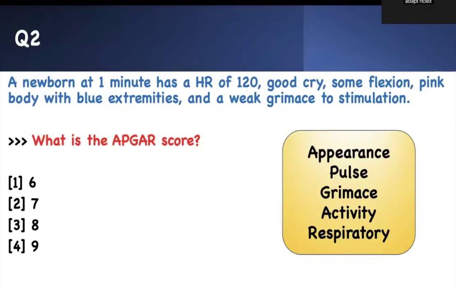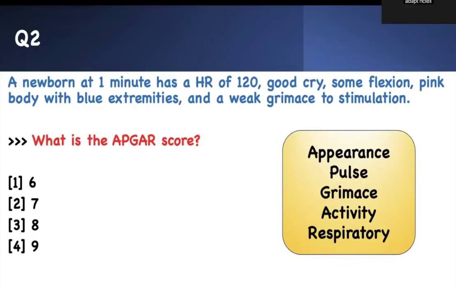The newborn heart rate is 120. That's good. He has a good cry. That's good for me. Flexion, that is your activity. You get a little bit less than the normal activity, so you get 1. Pink body, the body has to be pink, but the extremities are what? Blue. Therefore, appearance gets 1. And he has a weak grimace. That means with stimulation.